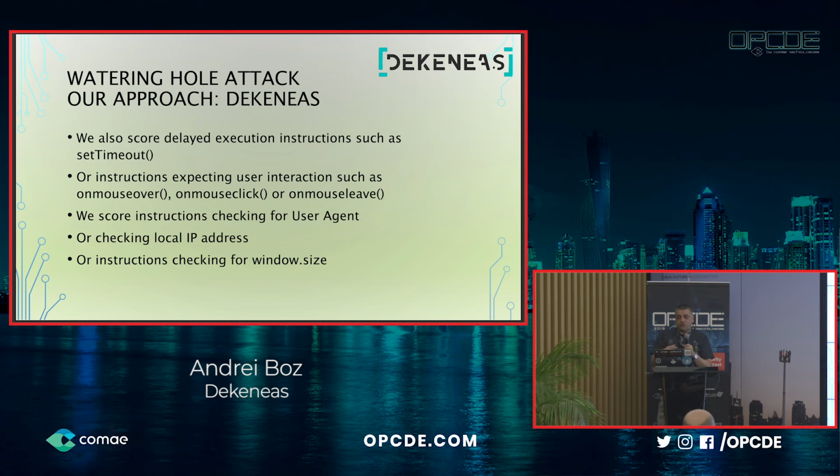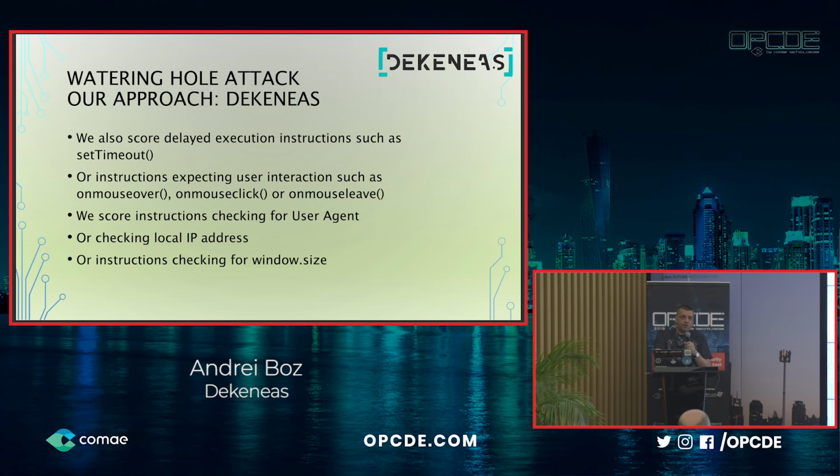Also, we're checking for instructions that look for the local IP address, either the internal IP address or the external IP address. There are very many cases when this is only used to communicate with the command and control server, saying, okay, this IP address is of interest or not. Okay, let it go.